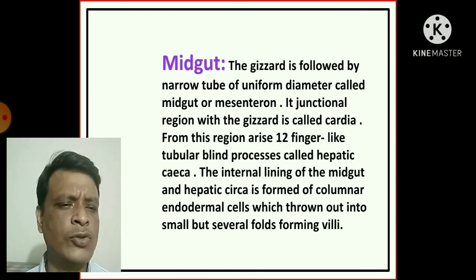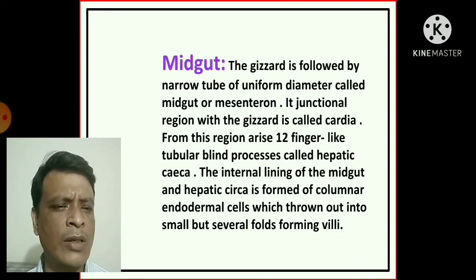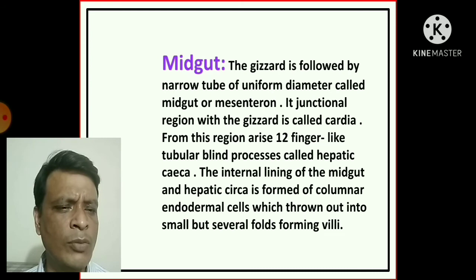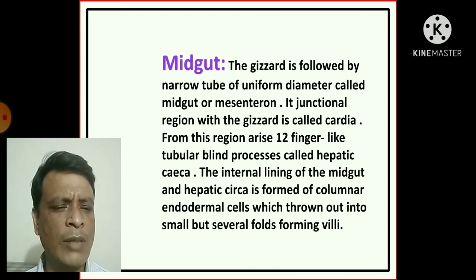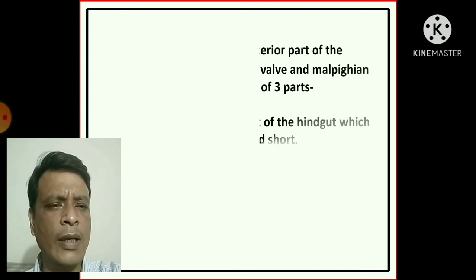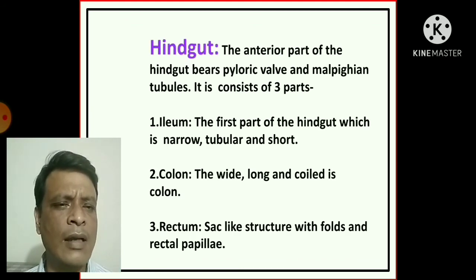From this region arise 12 finger-like tubular blind processes called the hepatic cilia. The internal lining of the midgut and the hepatic cilia is formed of columnar epithelial cells, which are thrown into small but several folds forming villi. Now the hindgut.